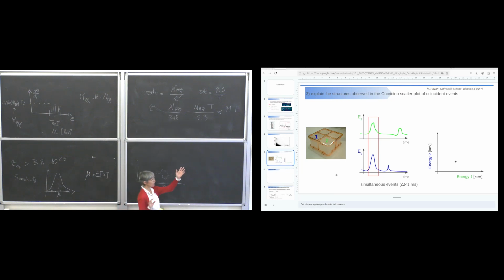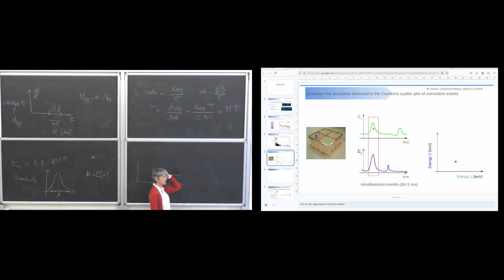So I can draw two plots like this that show the voltage, here already calibrated in energy, but the energy is the pulse height, the amplitude of the pulse, not the vertical coordinate. In any case, I can see the evolution of the voltage during time on the two crystals.